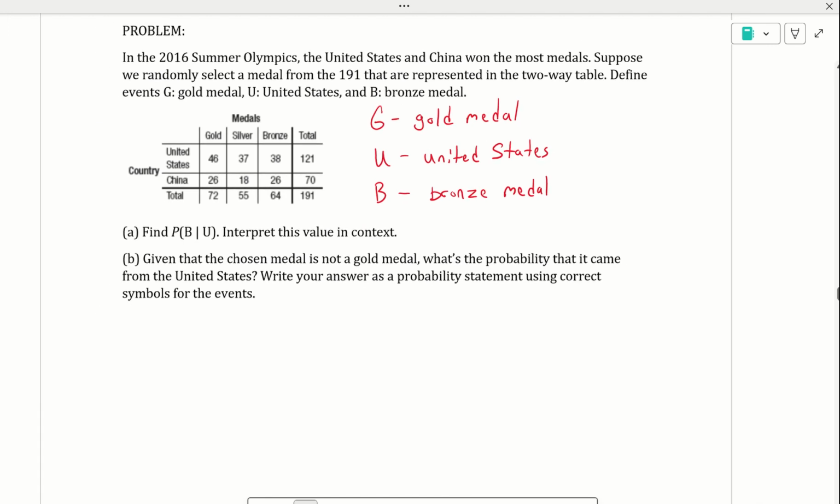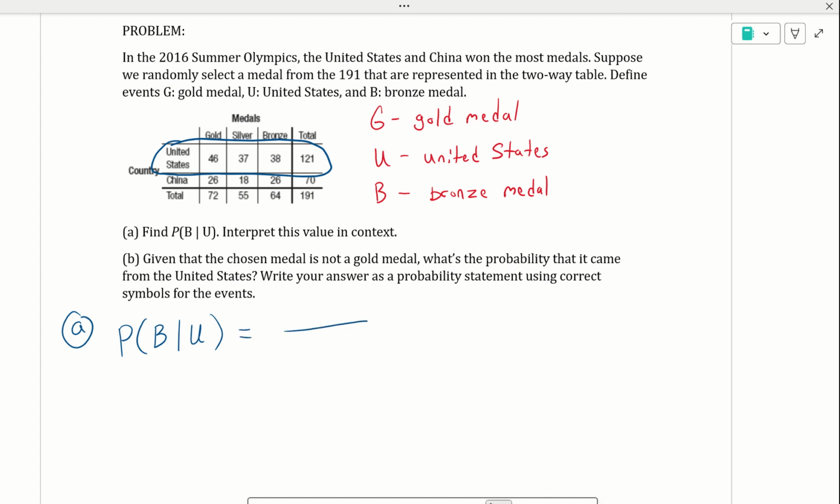Find the probability of a bronze medal given that the athlete is from the United States. So for A, we are trying to find the probability of randomly selecting an athlete who won a bronze medal out of all the medalists, given the medalist is from the United States. So the athletes who are from the United States are right here. So we're talking about the 121 athletes who are from the United States.